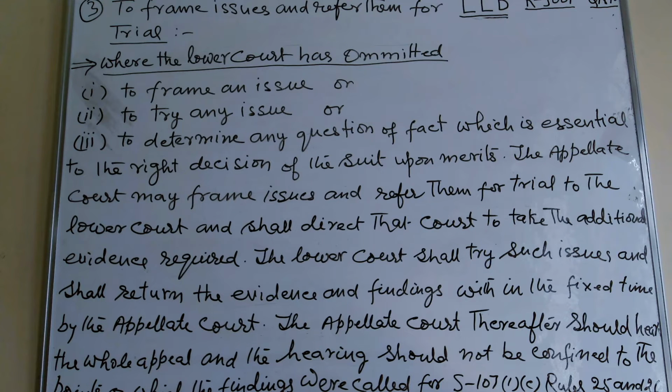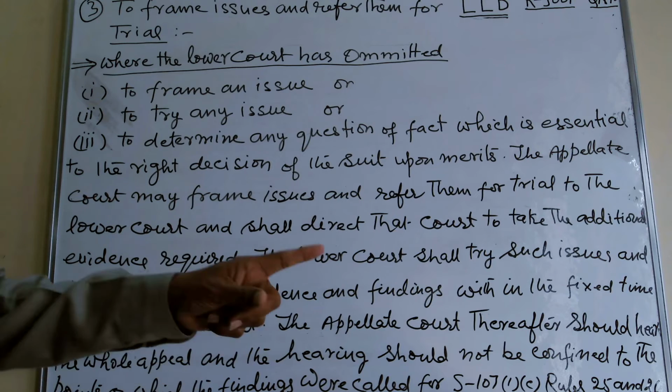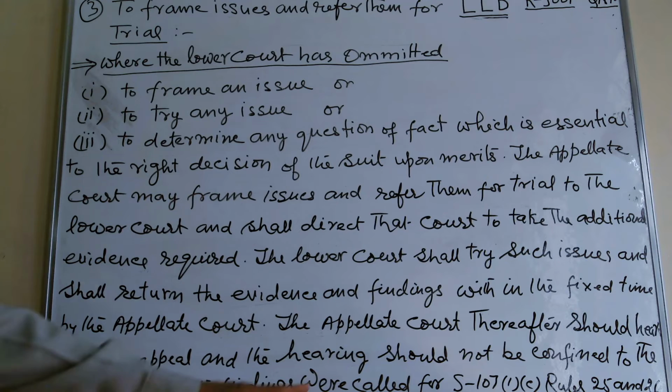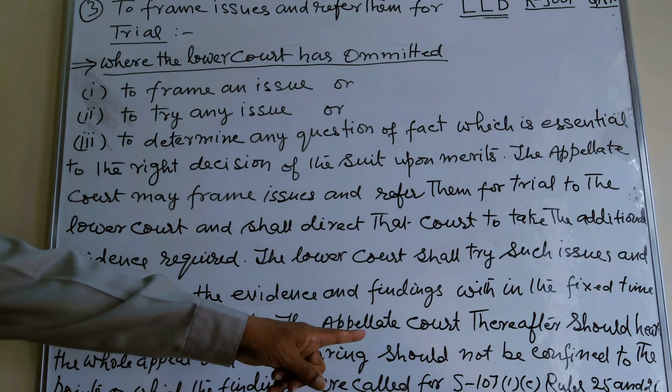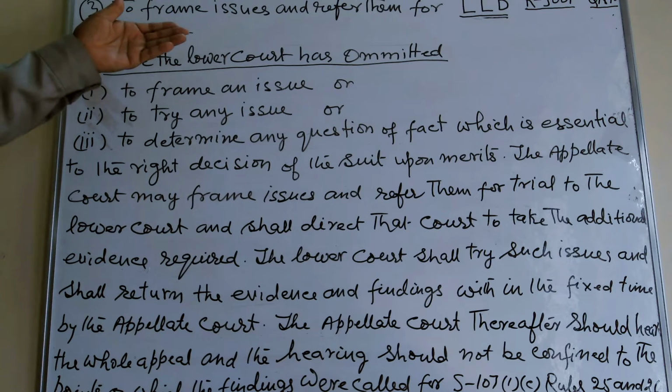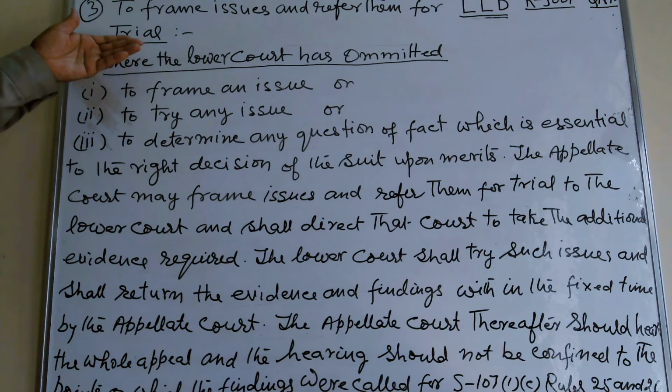The appellate court thereafter should hear the whole appeal, and the hearing should not be confined to the points on which the findings were called for under Section 107(1)(c) and Rules 25 and 26. My dear friends, this is the third power of the appellate court, to frame issues and refer them for trial.